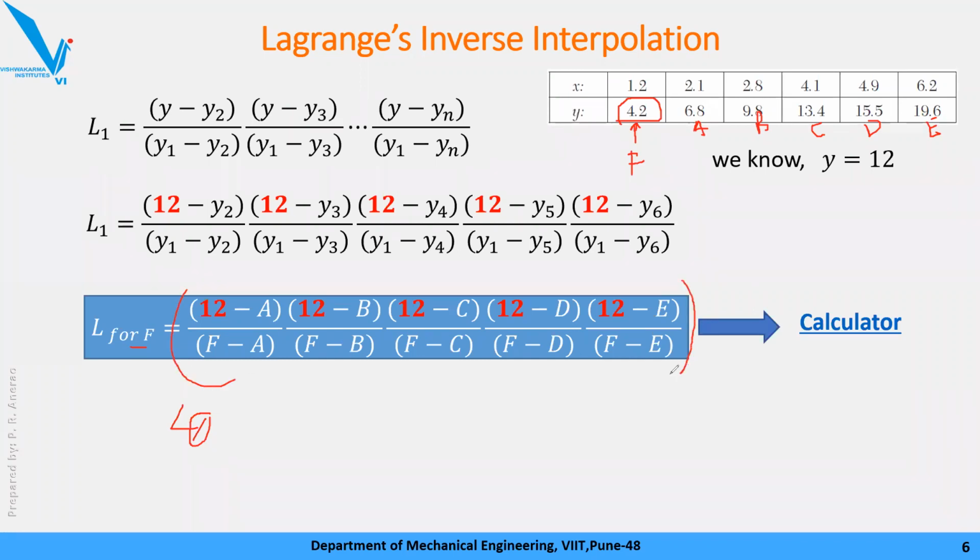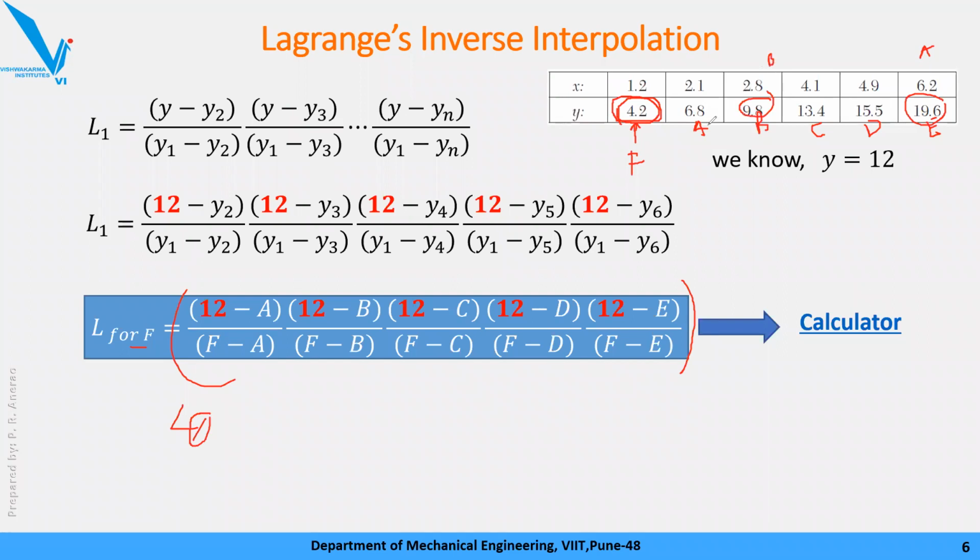We have seen the demo of this in the previous lecture. So we are going to type this formula in the calculator. Then whenever it asks me the value of f, I need to be careful to enter the correct value of f. For a, b, c, d, e you may change the sequence. You can write this 19.6 as a, or this as b, it doesn't matter.